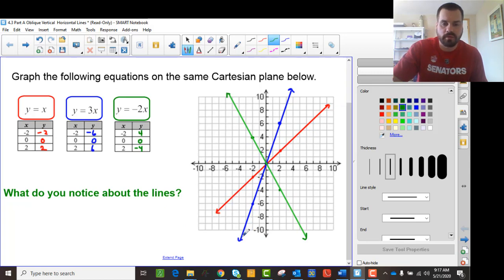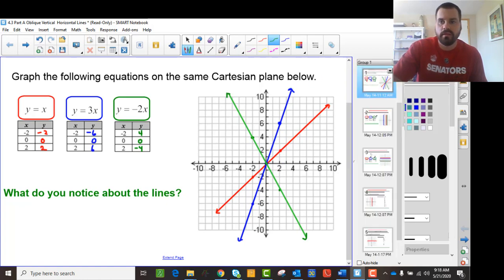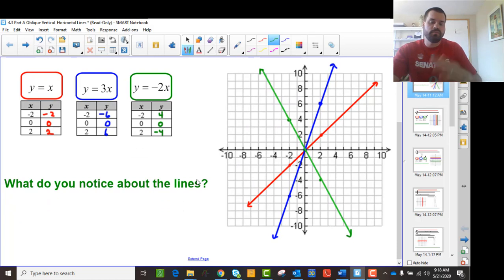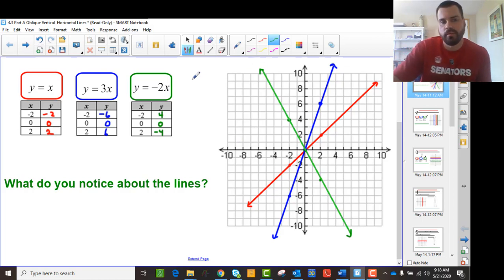With the blue one, y equals 3x, all that happened is it goes really, really steep, right? So the change is just in the steepness of the graph. And then the green one, what you notice, hopefully, is that when it changed to a negative number that we multiplied by, it actually flipped it so that instead of going up to the right like these ones do, it's actually going down to the right, okay?